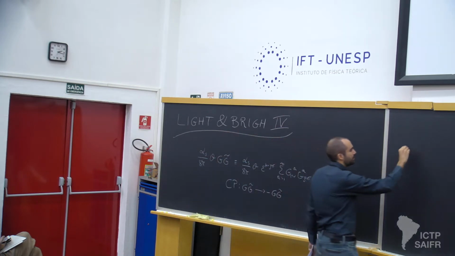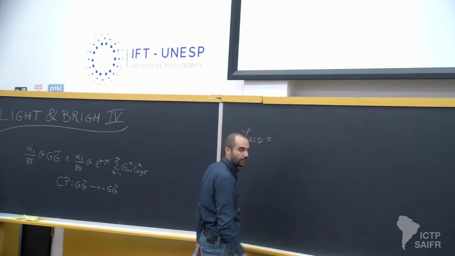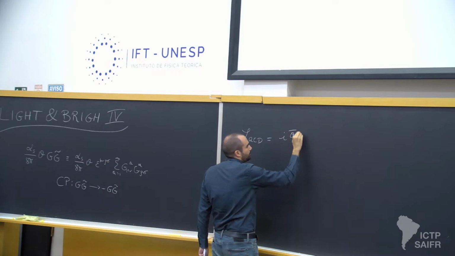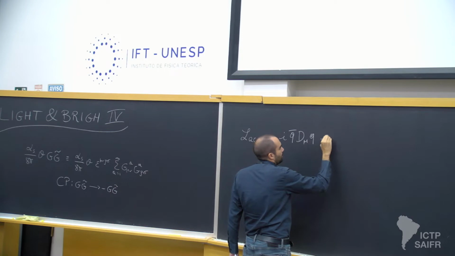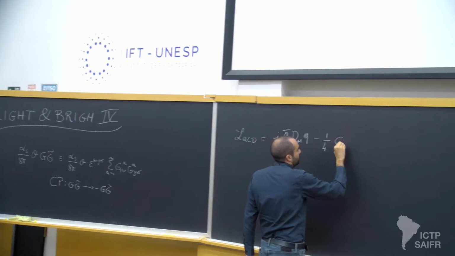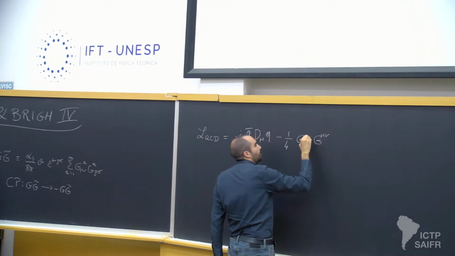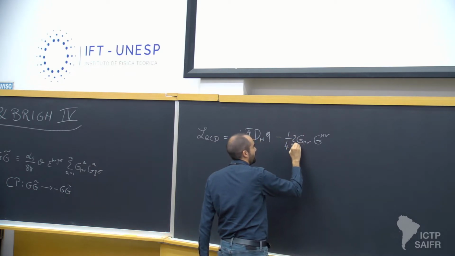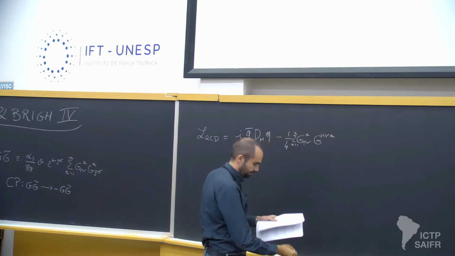All other terms in the QCD Lagrangian are even if the quark masses are real. So you can write the rest of the Lagrangian like this. Where again, I'm imagining to trace over the color indices. So if you want to be pedantic, this is what I'm looking at.